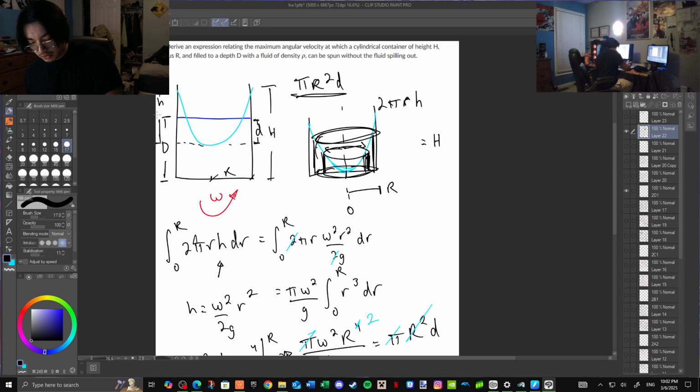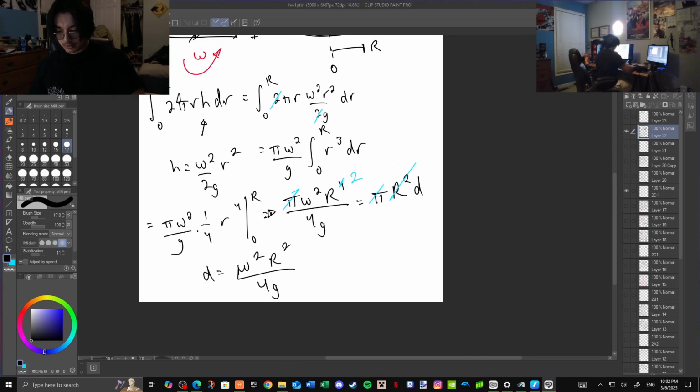We'll call that little h. And the space between the bottom of the concave and the bottom of the container will be D minus little d. And we set that equal to big H. So big D minus little d plus little h will equal big H, right?